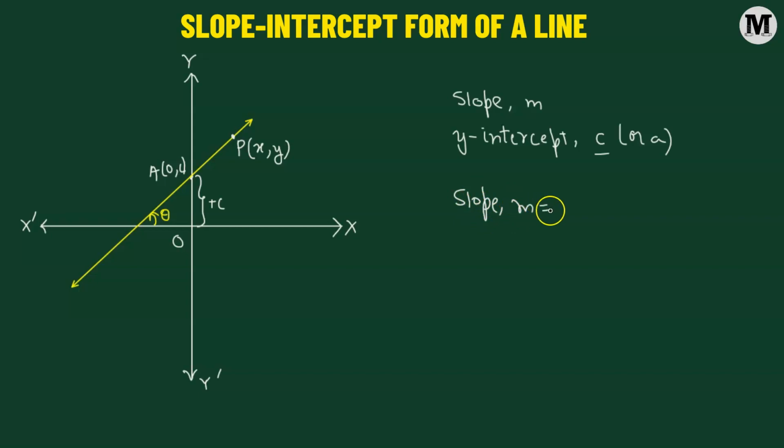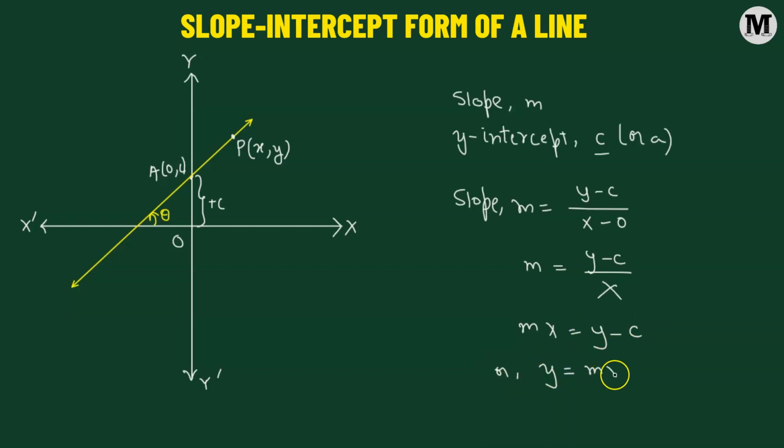The slope will be equal to the ratio of the difference of the y coordinates, y minus c, divided by the difference of the x coordinates, x minus 0, which gives m equals (y minus c) divided by x. Cross multiplying gives mx equals y minus c, or simply y equals mx plus c. This is referred to as the slope-intercept form of a line.